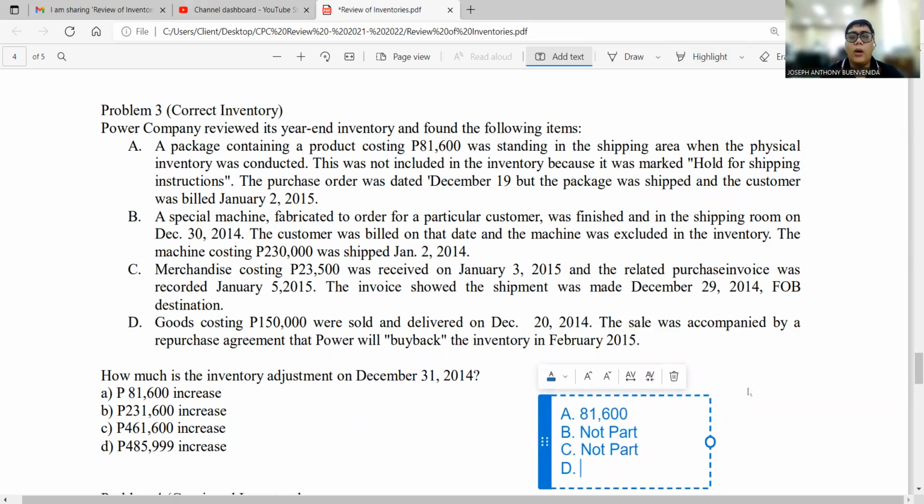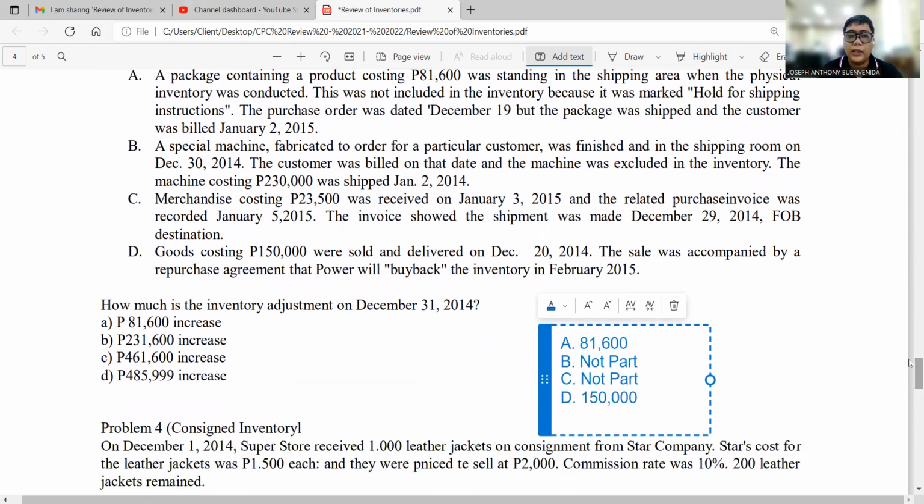The sale was accompanied by a repurchase agreement that the company will buy back the inventory in 2015. So the question, do we include it or not? Since there is a buyback agreement, it is still part of our inventory, but it was not counted in the physical count because it is no longer at our place.